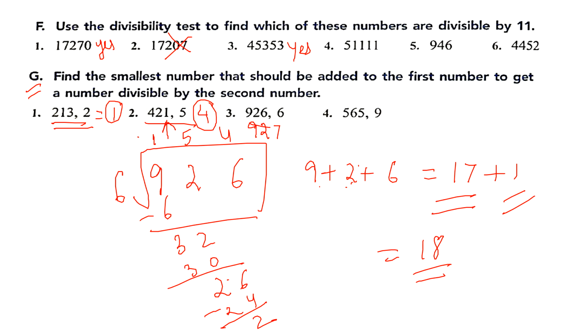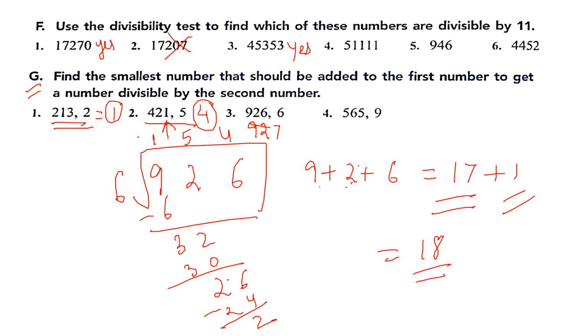So you cannot add 1 here. In this 17, you have to add something that will make this number even, and at the same time ensure it is also divisible by 3.